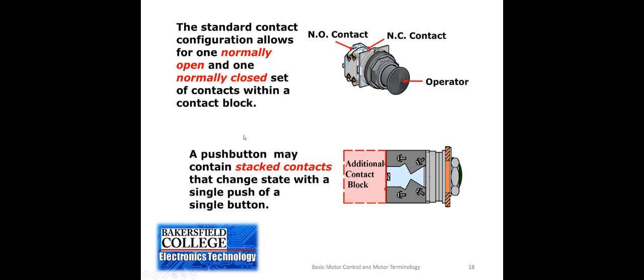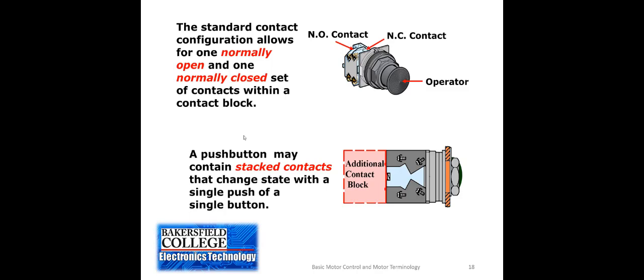Now, when you buy them, the standard configuration is having a normally open and a normally closed one within each of the contact blocks. And those would be break-make switches, but we don't necessarily need to use them as in a break-make configuration or break-make circuit.